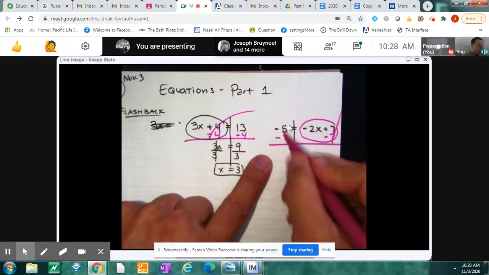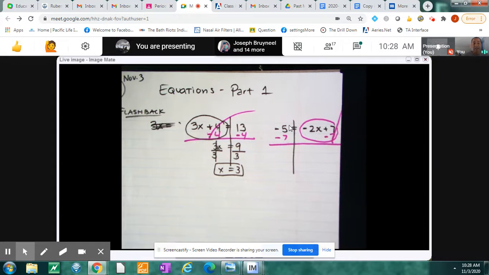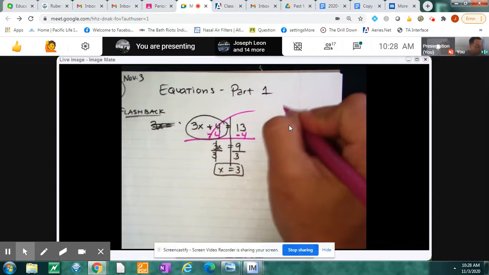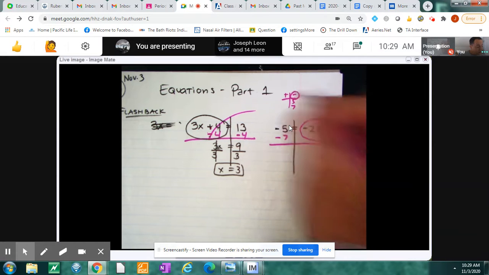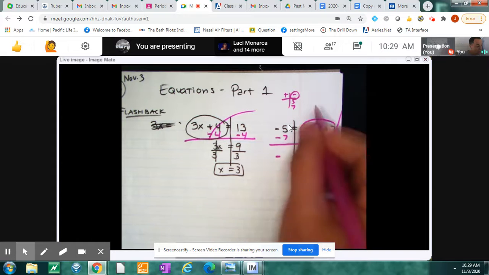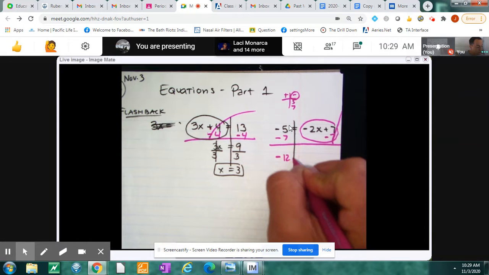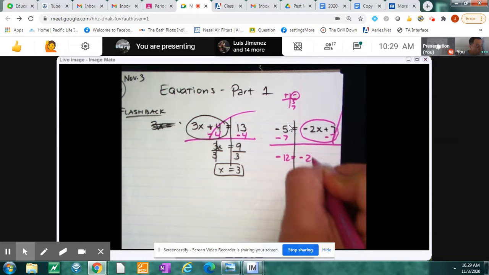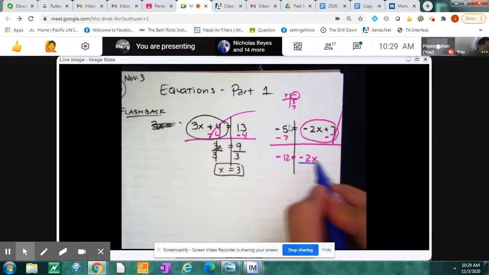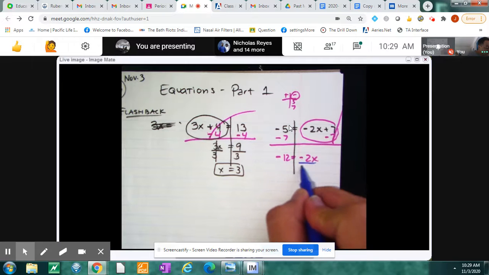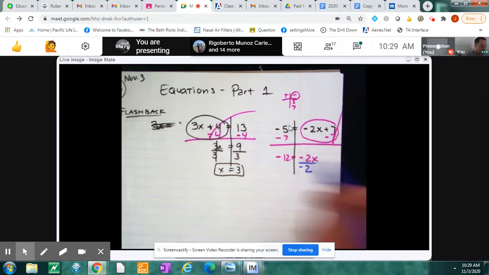And then negative 5. So you're adding, you're not multiplying. There's no parentheses. So right here, you're doing the t-chart. Negative 5 with the negative 7 is a negative 12, which is equal to negative 2x. See that? So now you have them together. So now you're going to divide them by negative 2.